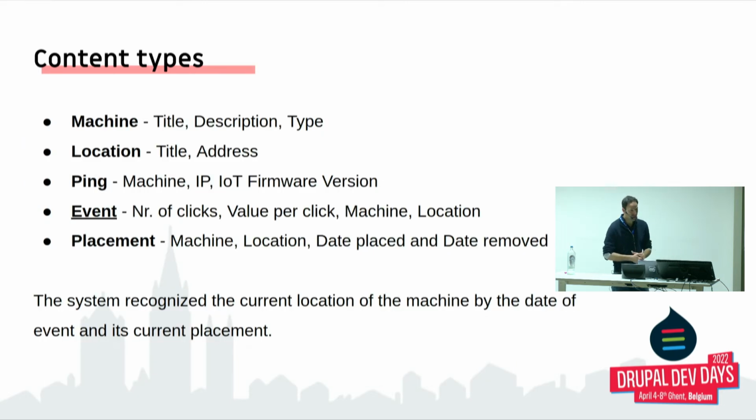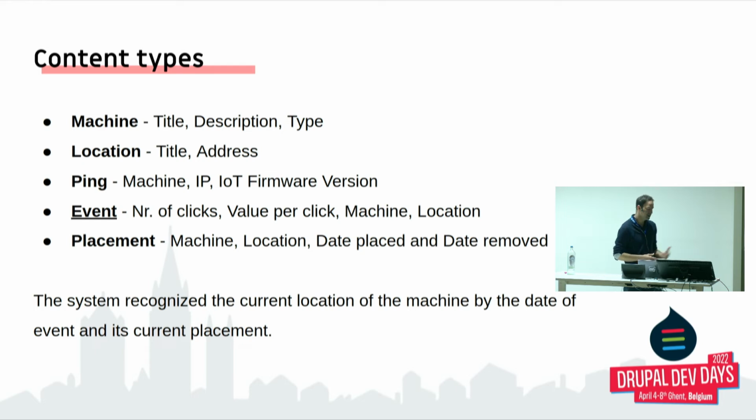So the content types, we have a couple of content types for our needs. The one that we saw is the machine. It has a title, description, and type. So every coin-op machine is titled, it has a name, if this is a Dart machine, or it's a coffee machine, or it's some pinball machine with a specific name.